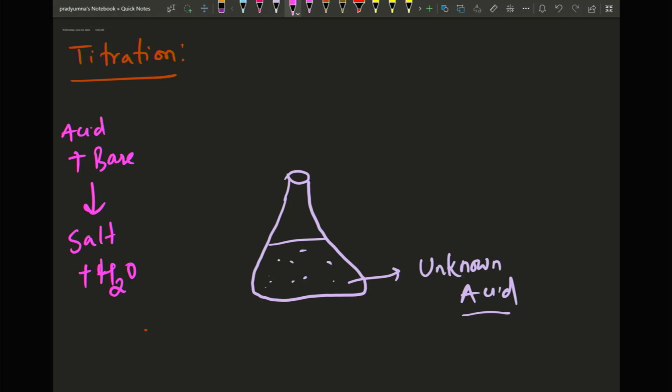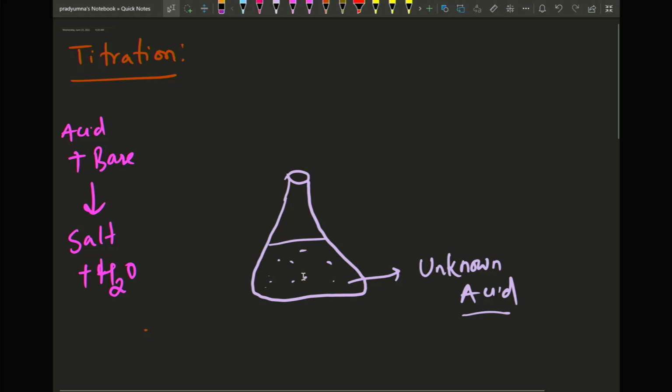We have a lot of varieties of indicators that give a different color depending on whether the solution is acid or base. One such indicator is phenolphthalein. That indicator is going to be colorless when the solution is acidic, but it will turn pink when it becomes basic. So you want to find out the exact spot where it turns pink.